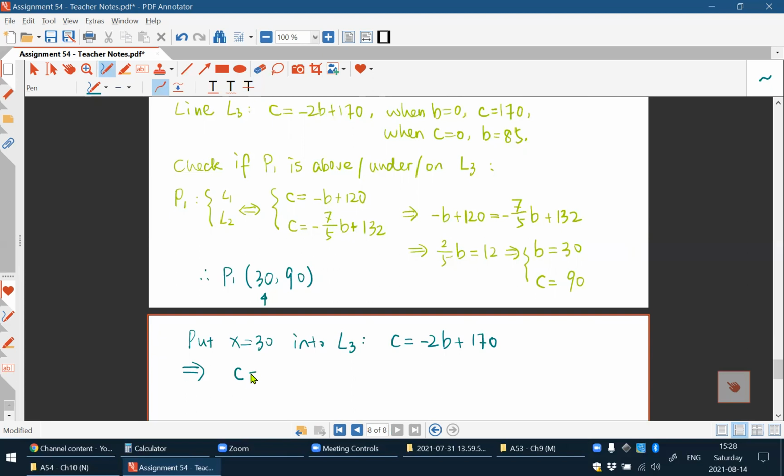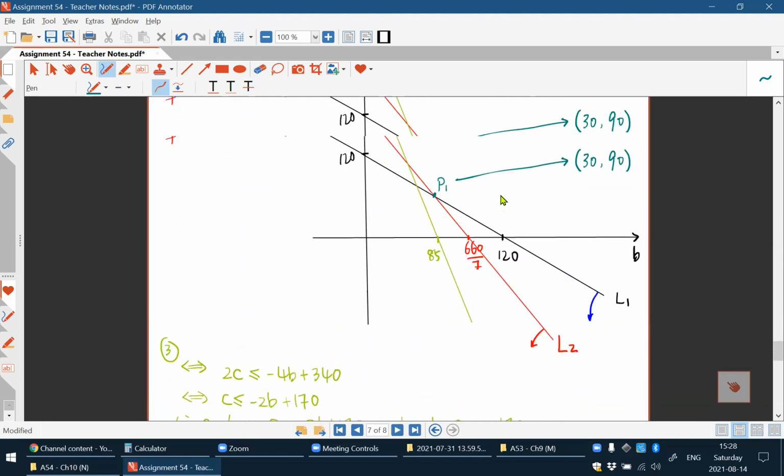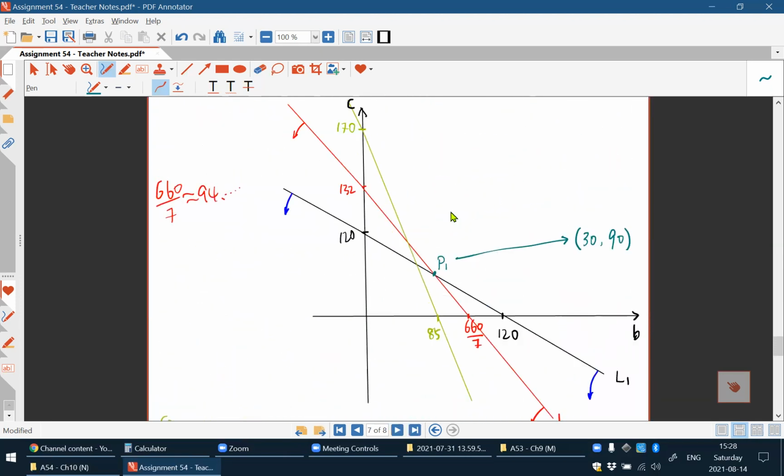Sorry, not X, this should be B. Minus 2 times 30 plus 170, which is 110, right? So that means on line 3, when B is 30, C equals 110, which is above 90. So this means this line must be above the intersection point, right?